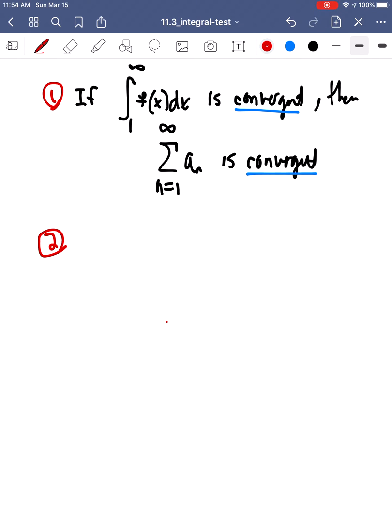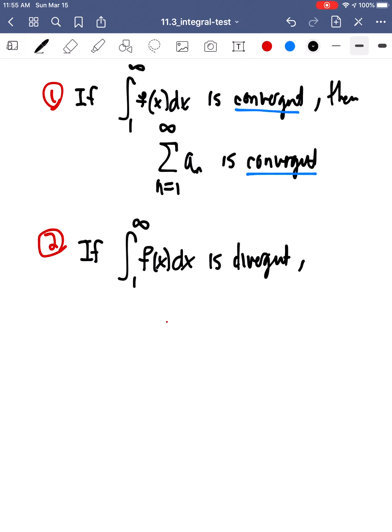The second thing is if the improper integral from 1 to infinity of f of x dx is actually divergent, then we can automatically say that our original series from 1 to infinity of a sub n is also divergent.